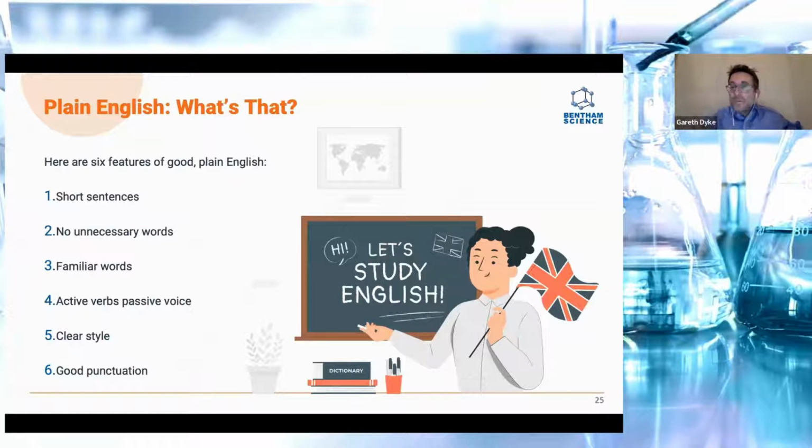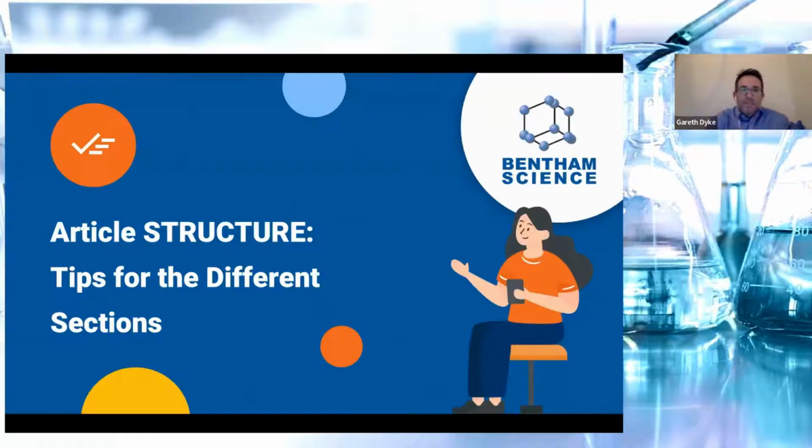Don't ever forget that when you write and publish an academic paper in English, most of the people reading that paper will not be native speakers. Most of the users of your next research paper will themselves be non-native English speakers. So for these reasons, short sentences, no unnecessary words, familiar words, active voice, clear style, and good punctuation.